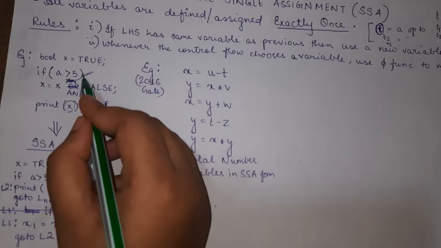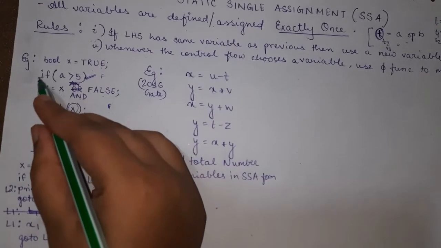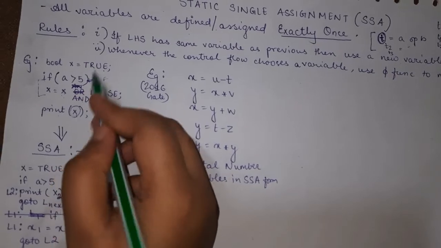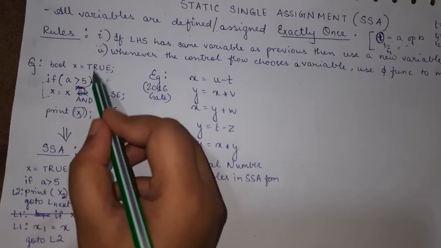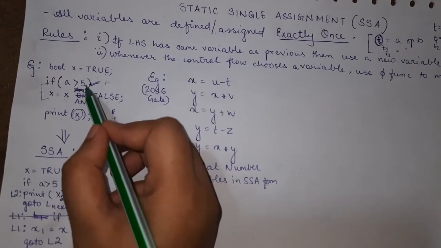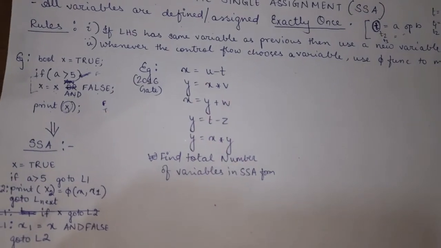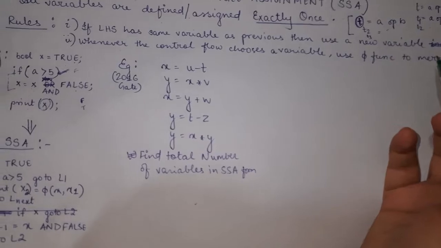But if this condition is false, then this block is not executed and thus x value is true. So due to the control flow, depending upon the if statement, whenever the control flow chooses a variable, use the phi function to merge.